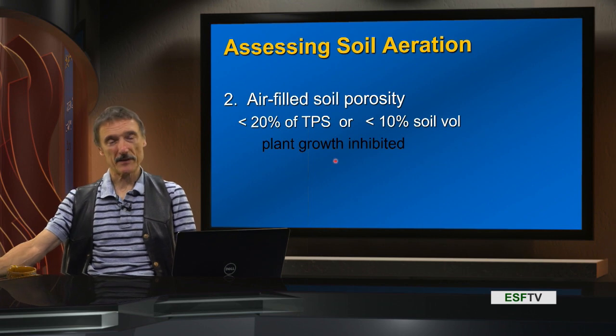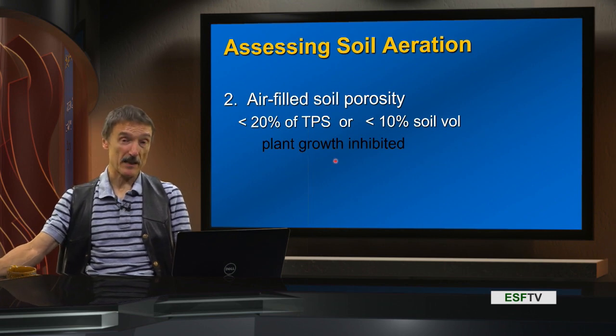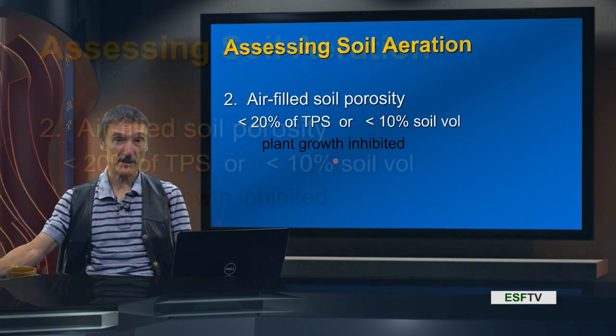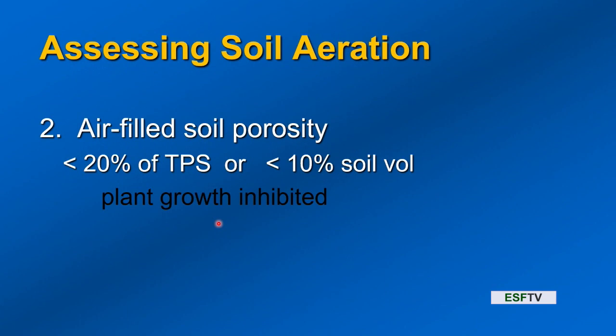Okay, the second way we can think about this, besides concentration, is air-filled porosity. Okay? And so air-filled porosity we express as a percent of total pore space. And so if we have an air-filled porosity that's less than 20% of total pore space, and remember, ideally, half of our soil volume is pore space, so 10% of the soil volume, we'd inhibit plant growth.